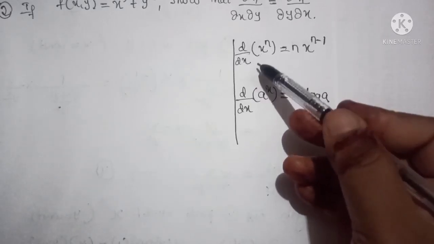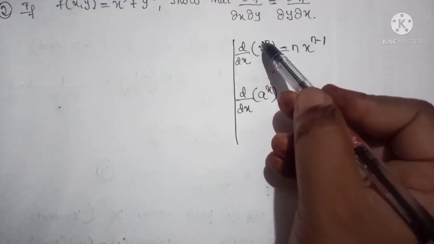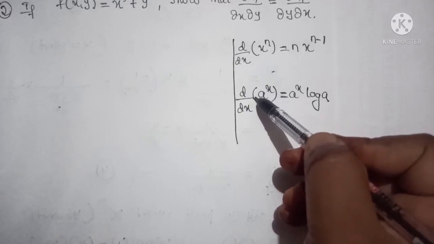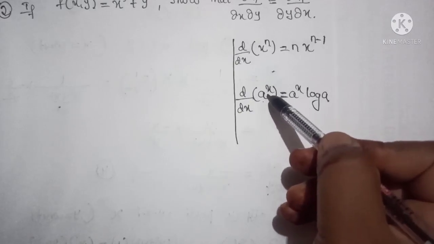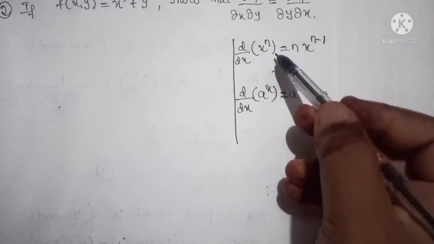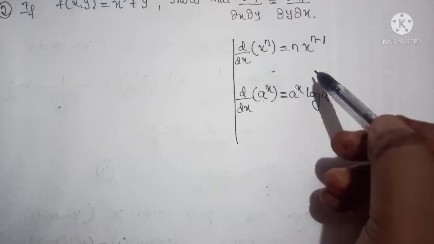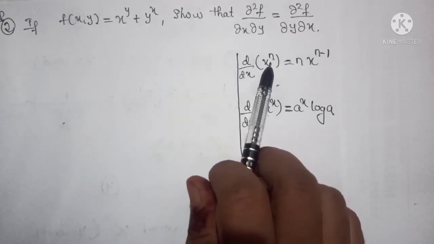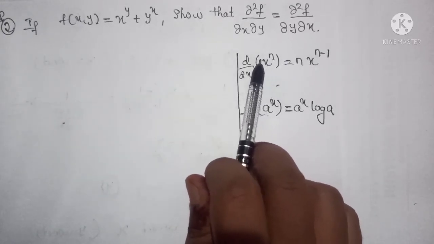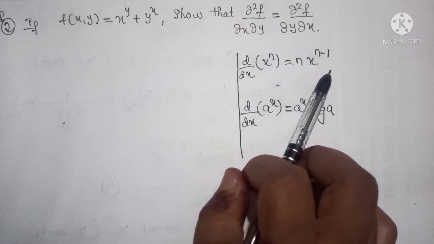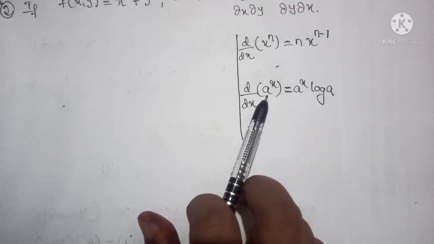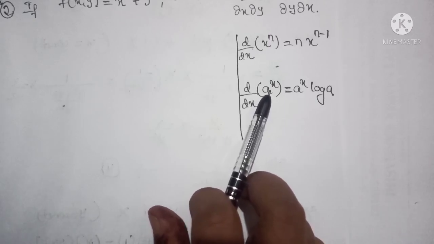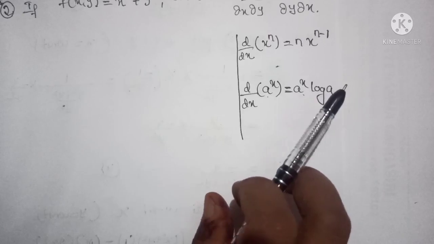The difference between these two is that in the first, x is the function and the power n is constant, but in the second, the base is constant but the power is a function. So we use these two formulas. When the base is a function and the power is constant, we use the first formula, and when the base is constant and the power is a function, we use the second.